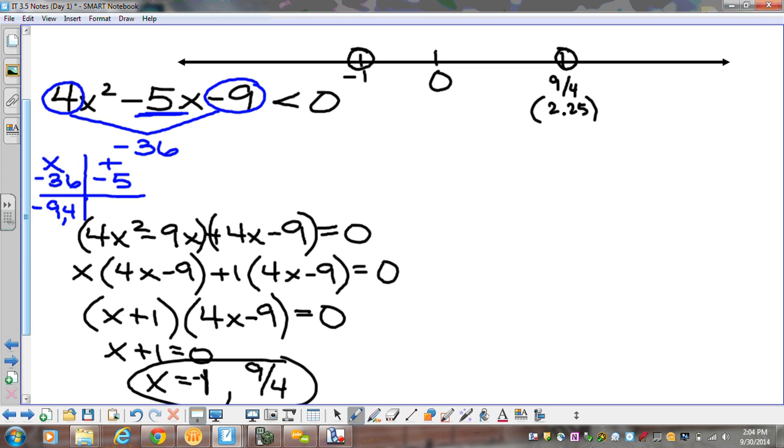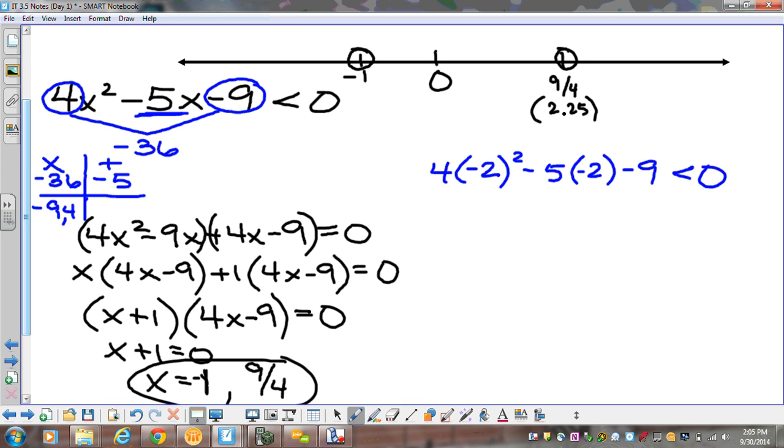All right, now, how do I figure out where I'm shading? Plug it in, pick some test points. So first, let's pick something to the left of negative 1, like negative 2. So if I plug in a negative 2, we've got 4 times negative 2 squared minus 5 times negative 2 minus 9.